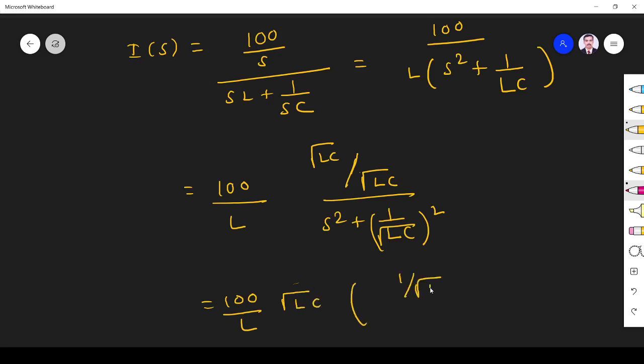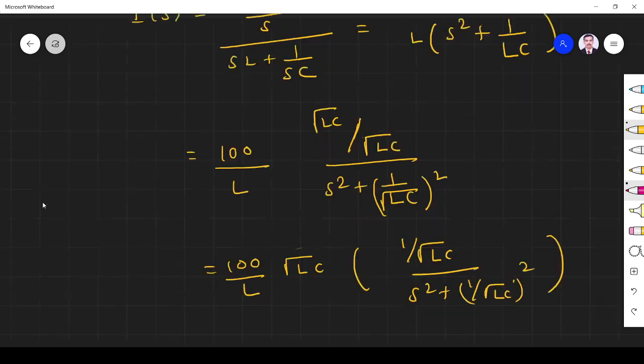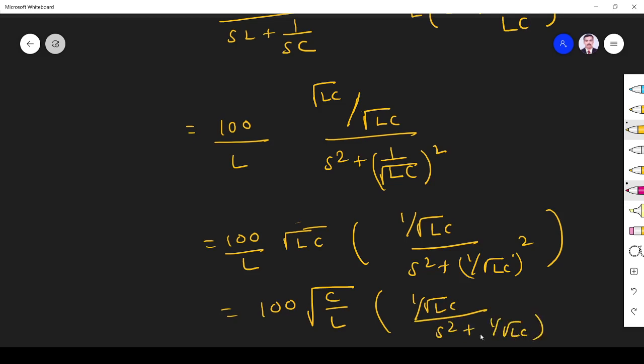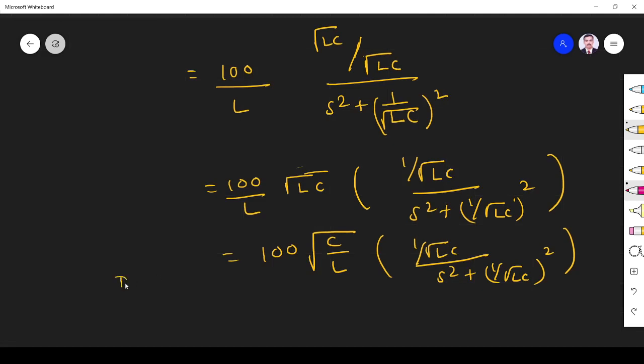This is 1 by root LC divided by S square plus 1 by root LC square, right? Okay, so this will be like 100 into root of L, root L by L, that is 1 by root L, into 1 by root LC divided by S square plus 1 by root LC square. This is what I of S is.